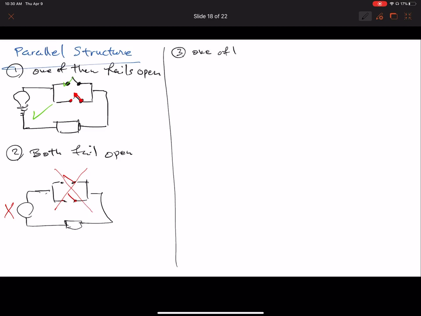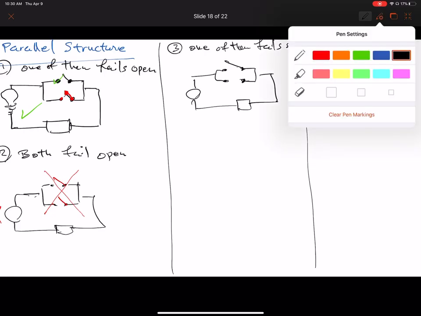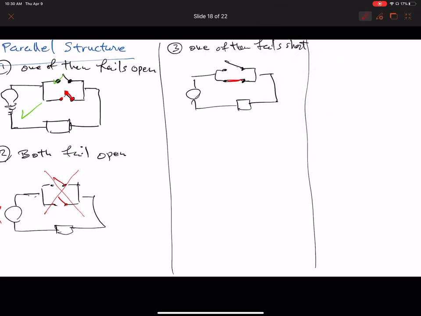Next case, one of them fails short. How does that one look? So one of them is functional, you can close it back, you can open it, but the other one is stuck like that.